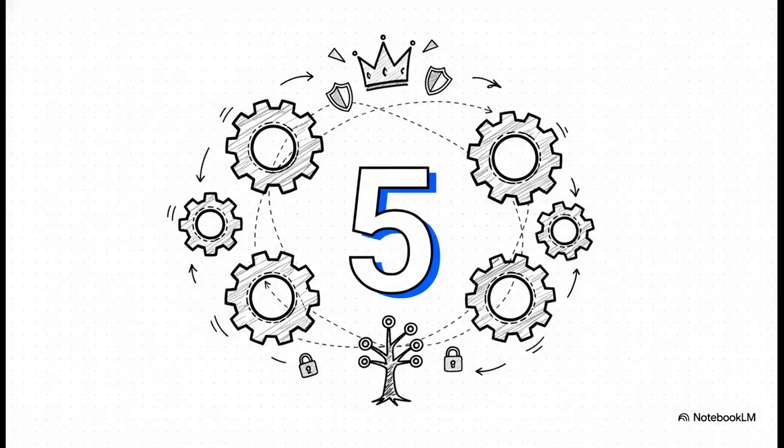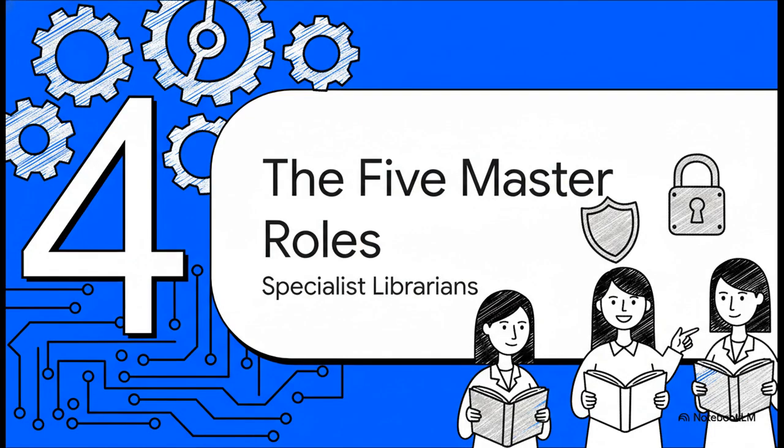And we're not talking about dozens and dozens of these. To manage the entire system and prevent all those conflicts, Active Directory relies on just 5 unique operations master roles. That's it. So who are they? It's time to meet this elite team of 5 specialist librarians who keep the entire system from falling into disarray.